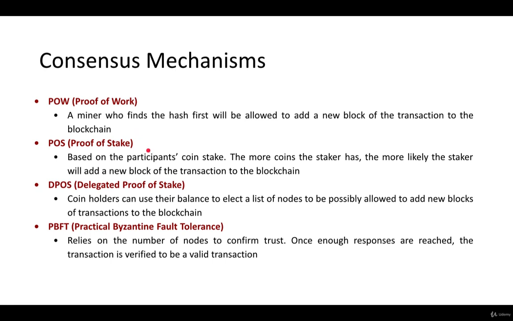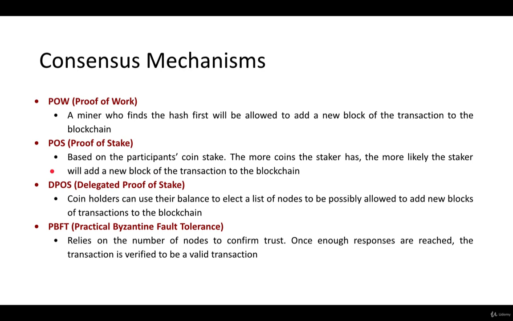Proof of work involves everybody getting into mining, which requires a lot of computational power. To reduce that, proof of stake evolved. Based on the participant's coin stake, how many coins the participant has, the more coins the staker has, the more likely the staker will add a new block of transactions to the blockchain.